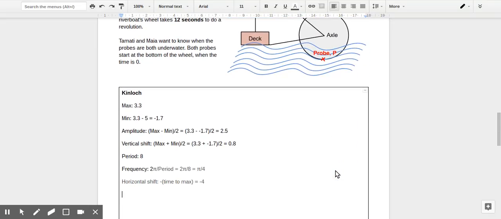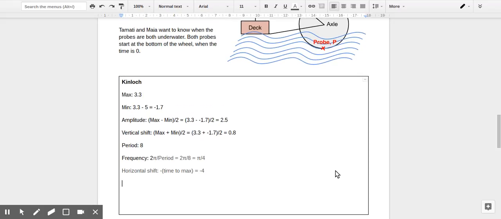So we have our equation. I'll write out the general formula first: y is equal to a cos b times x minus c, plus d.